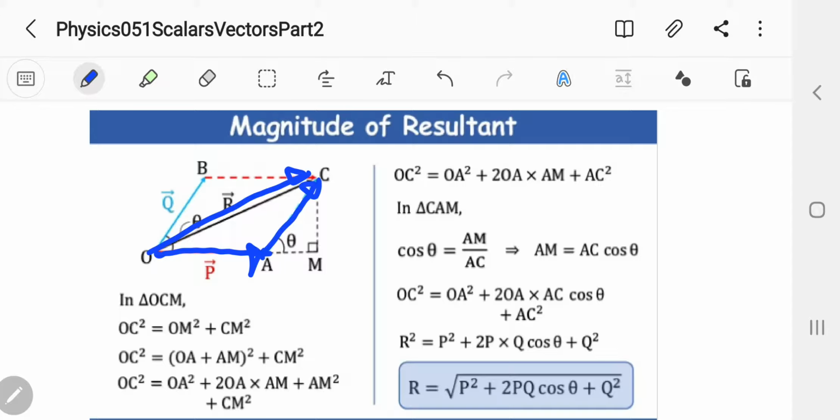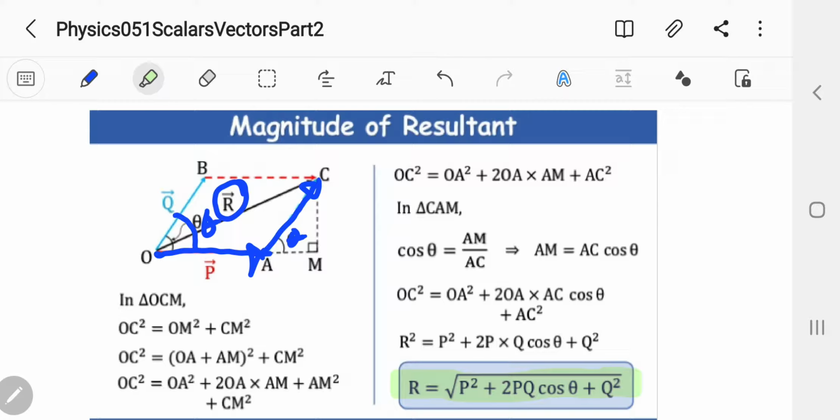The angle between q and p is theta, and the resultant is given by the cosine law.